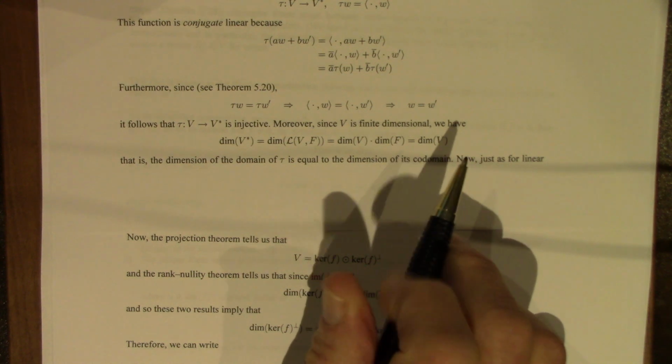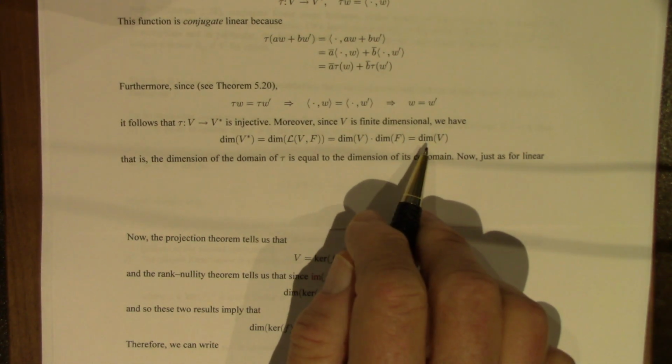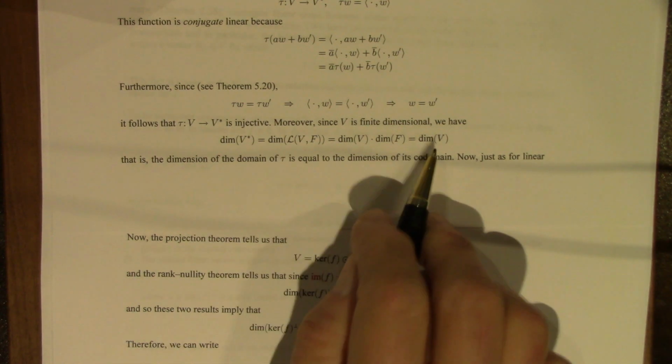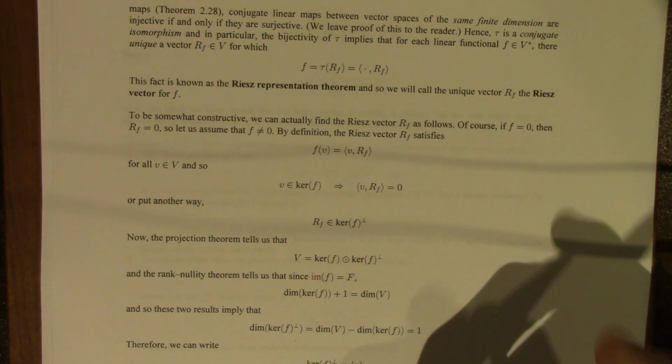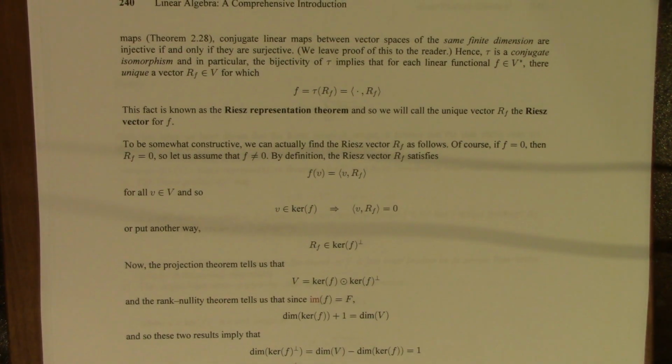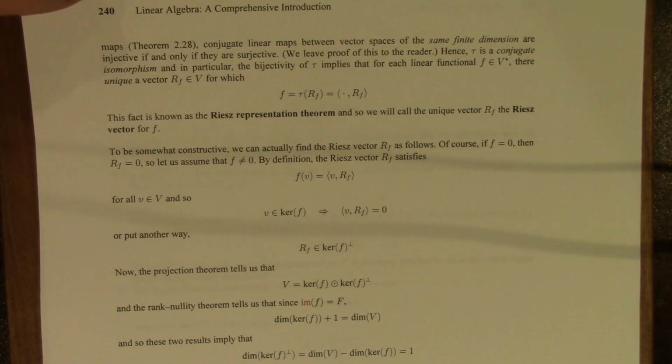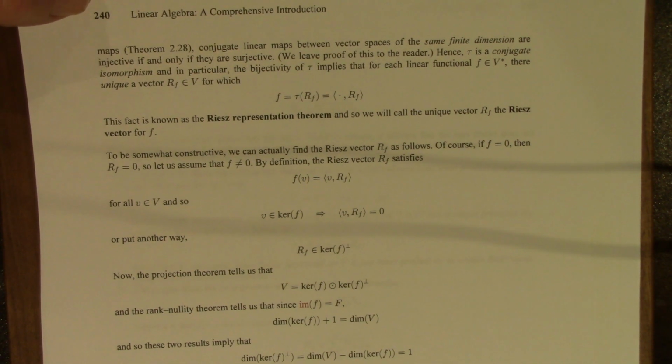We have a conjugate linear map that is injective, and it's between two vector spaces of the same dimension. Just as for linear maps, under those conditions, conjugate linear maps are injective if and only if they're surjective. The proof is essentially the same, and I'll leave that for you.